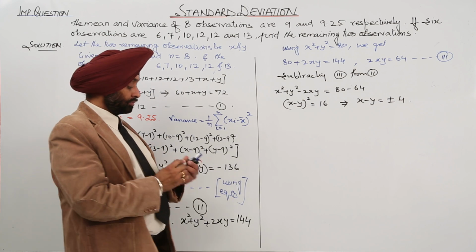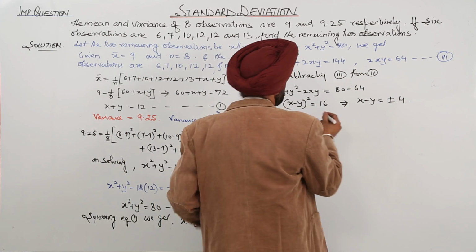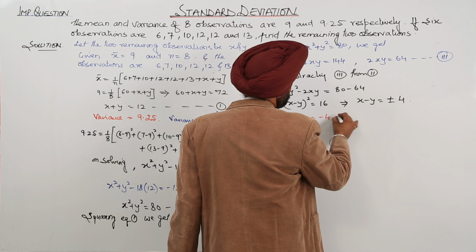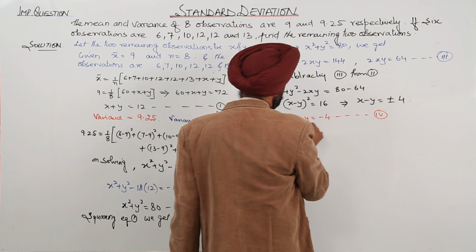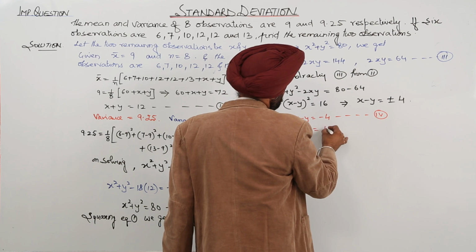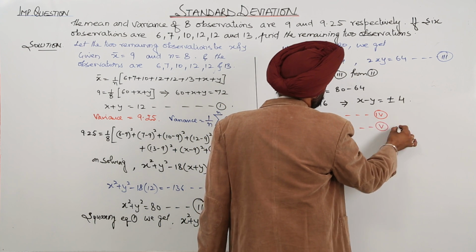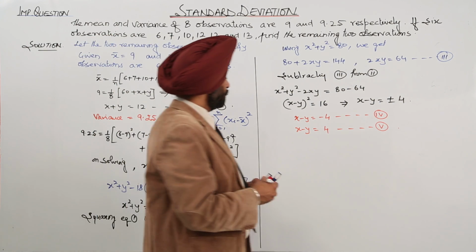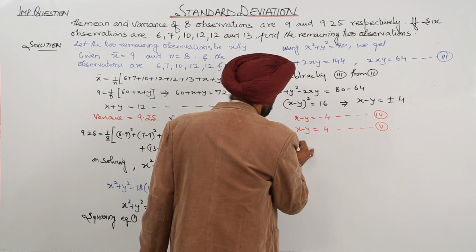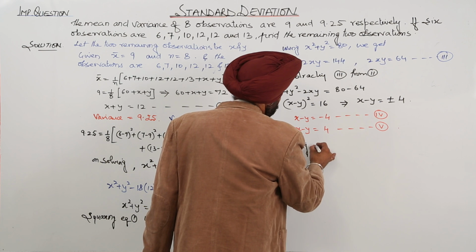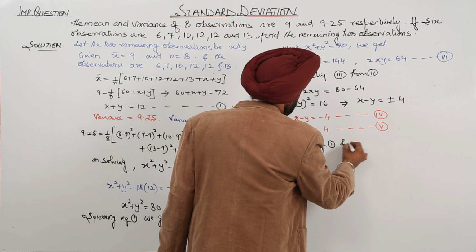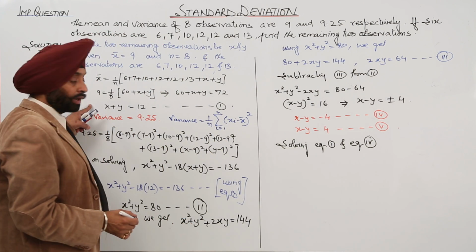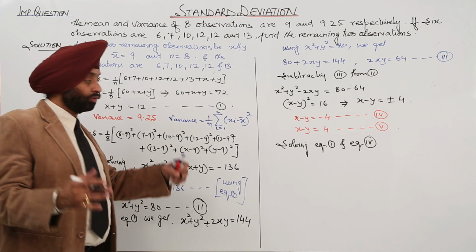Okay. Now we can write x minus y is equal to negative of 4, equation 4, and x minus y is equal to 4, let it be equation number 5. Okay, simple question in a systematic manner. Okay, now solving equation 1 and equation 4. Now you have to solve x plus y is 12 and x minus y is negative of 4.